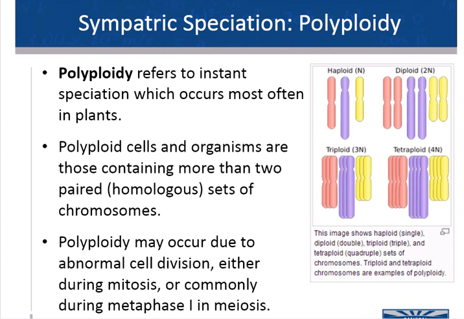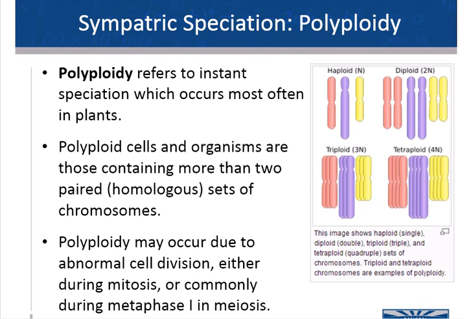And as a result, they get a gamete that is diploid instead of haploid. And since plants can often self-fertilize, imagine a plant that has non-disjunction of its gametes, then mates with itself, which is very common among plants. What's the offspring going to be? The zygote is going to be tetraploid, 4 sets of chromosomes, 4N. And in that case, you have an entirely new species in a single generation.